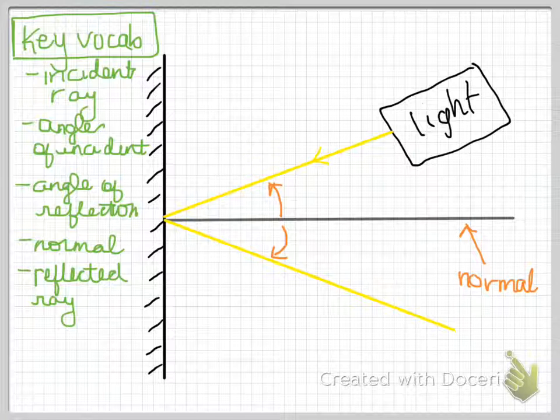So first of all, you need some key vocabulary to understand what's happening and to understand the law of reflection. Here we go. A key vocabulary word is the incident ray. Incident is like the initiation, so the incident ray is the ray that's coming out of the light source.